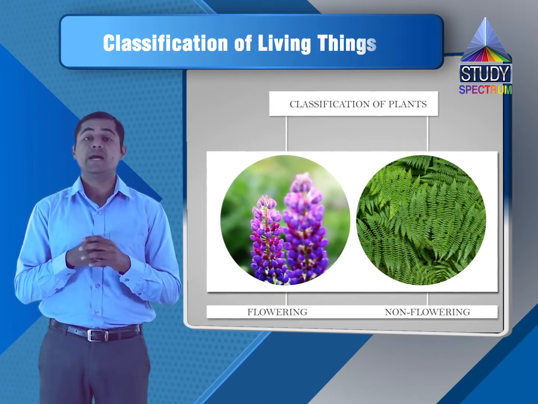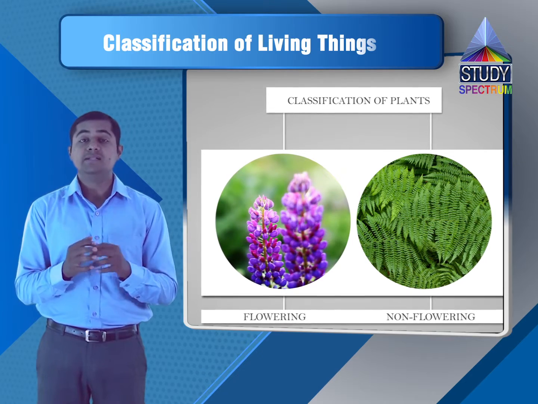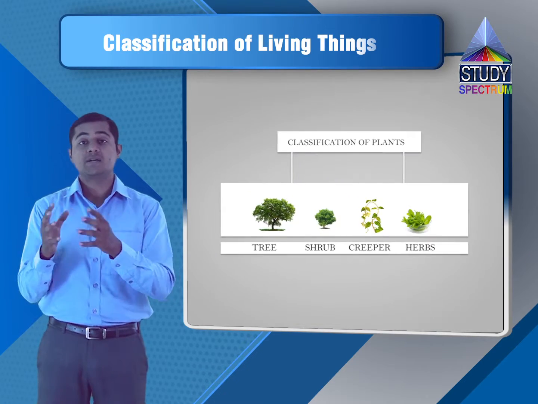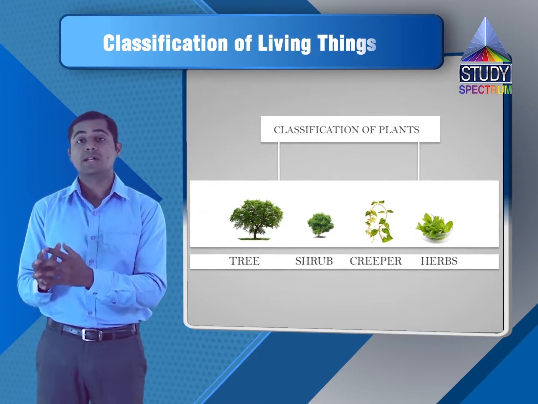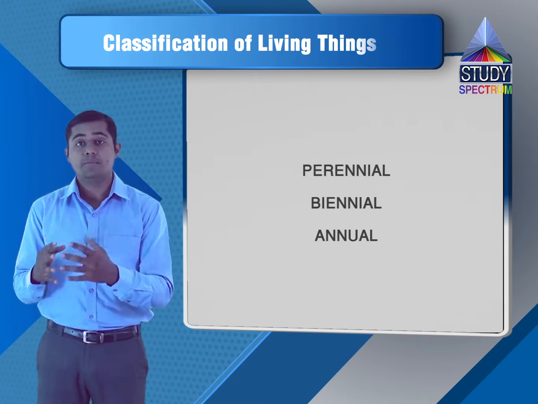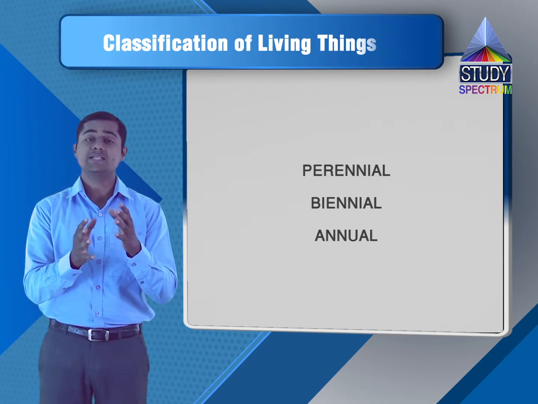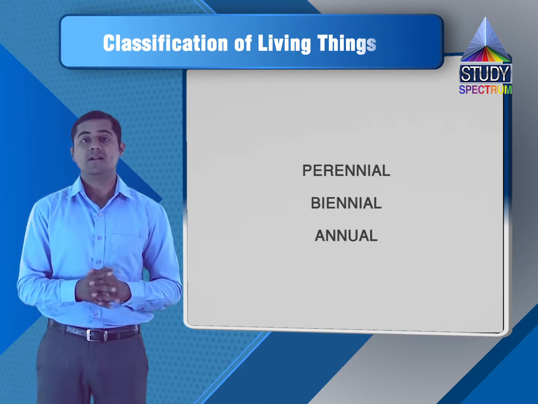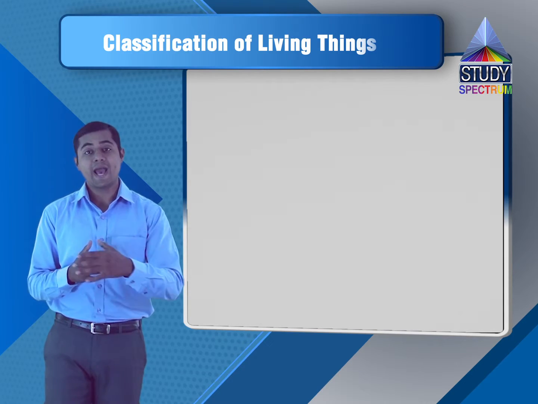According to that, we can classify plants into subgroups: flowering plants and non-flowering plants. Another criteria: trees, shrubs, climbers, herbs. Another criteria: perennial plants, biennial plants and annual plants. This was about the classification of the plants. Now let's go ahead and see how we can classify the animals.